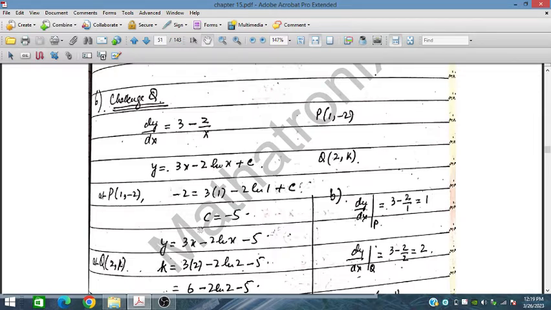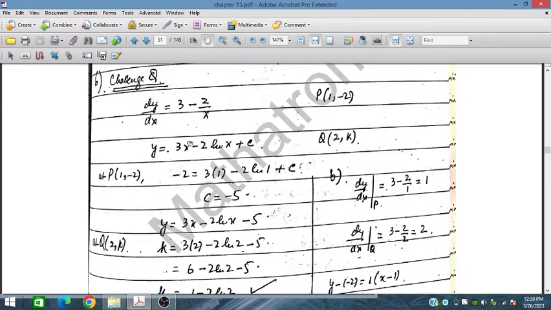So this is the equation for part P, with the point P lying on this curve. Similarly, this point also lies on this curve, so in place of x we will write 2 and in place of y we will write k. So in place of y we write k here, and this is 3 times 2, this is 2 ln 2, and minus 5.